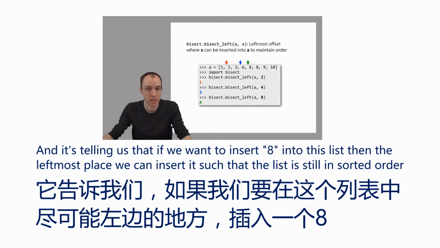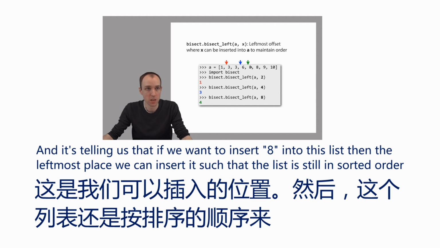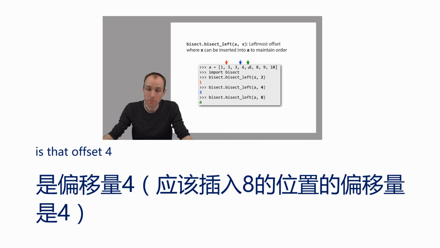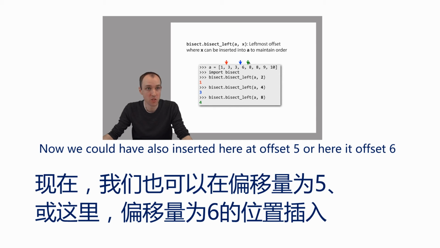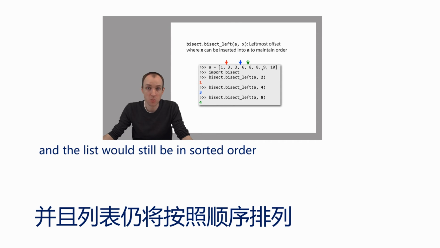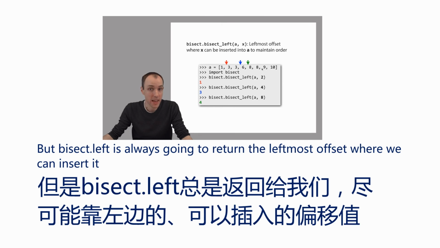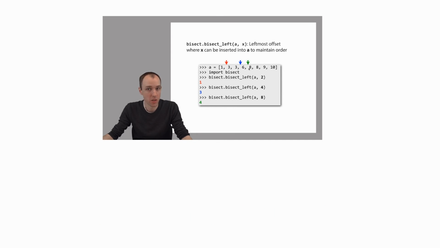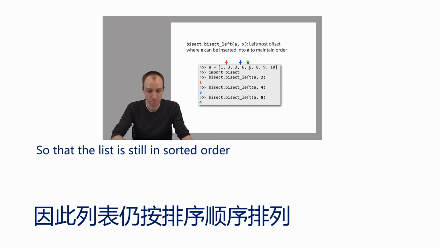And it's telling us that if we want to insert 8 into this list, then the leftmost place we can insert it such that the list is still in sorted order is at offset 4. Now, we could have also inserted it here at offset 5 or here at offset 6, and the list would still be in sorted order. But bisect_left is always going to return the leftmost offset where we can insert it so that the list is still in sorted order.